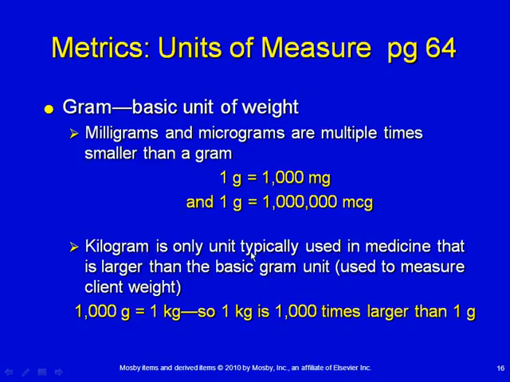Kilogram is the only unit typically used in measure that's larger than the gram unit. We don't use those others, so for practical purposes we won't look at those. We just know that a gram is the base. 1,000 times the gram is a kilogram. So 1 kilogram is 1,000 times larger than a gram.